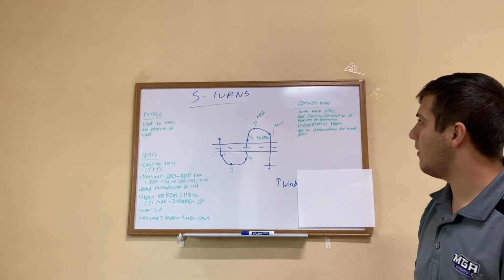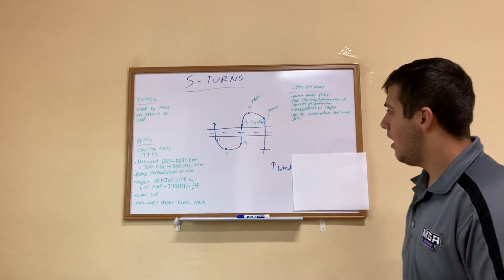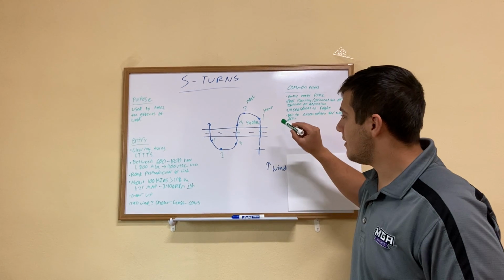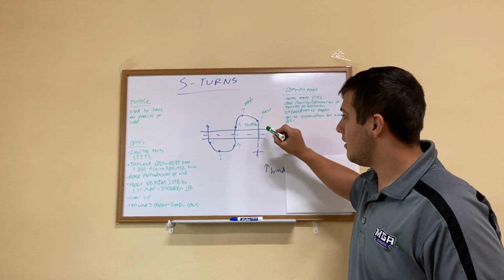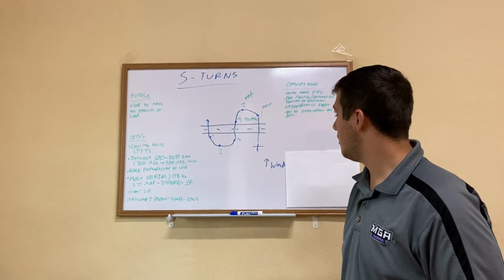And that kind of plays into the poor planning. As far as the poor orientation goes, a common error that's made is they may not be wings level perpendicular with the road at either of these positions.